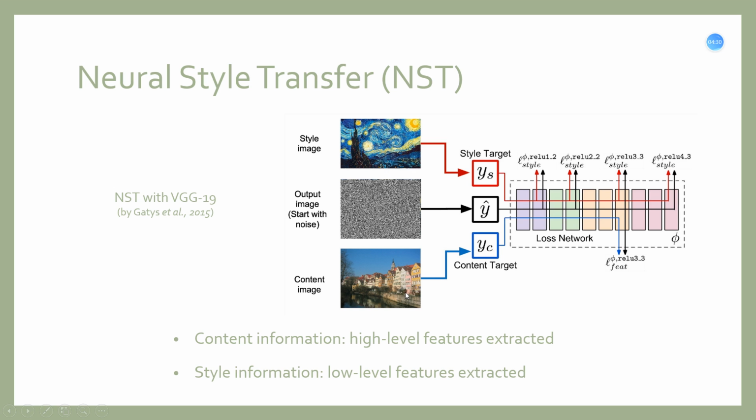We use the content image, the style image, and an output image that starts with noise as inputs, and use the high-level layers to extract the content of the content image, and low-level layers to extract the style information in the style image.